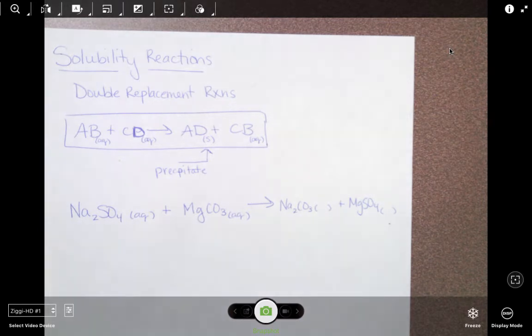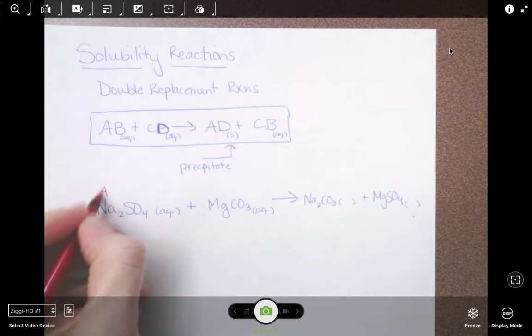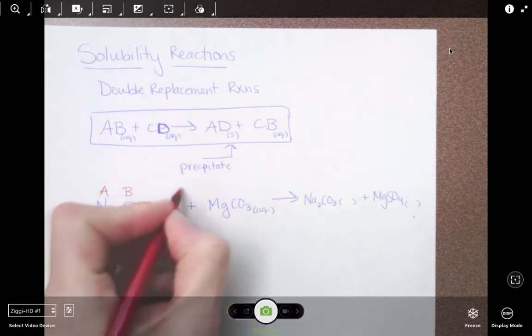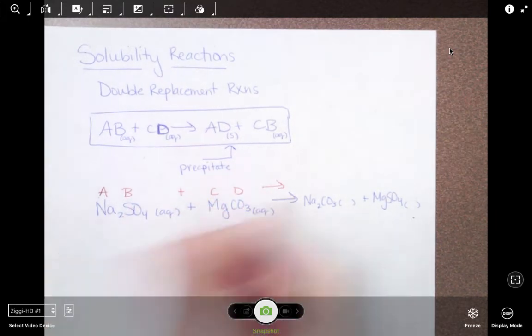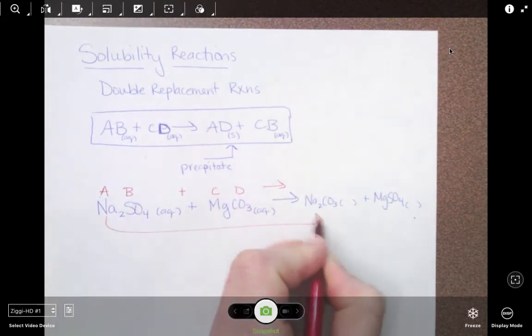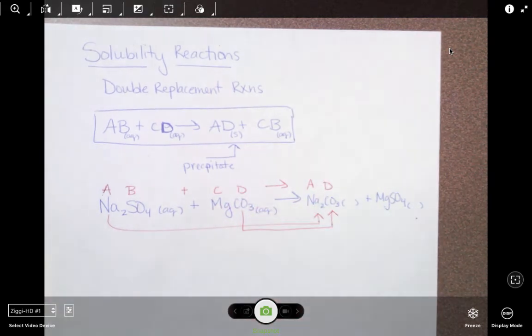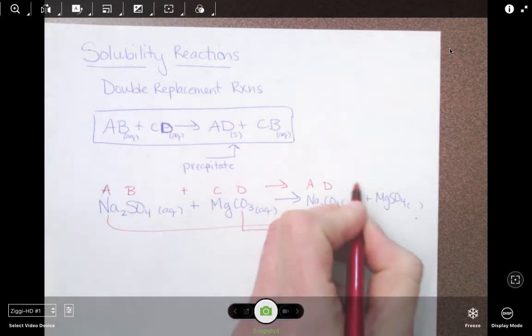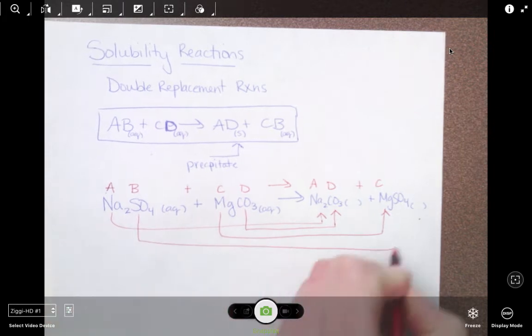All right. So in this example, you have AB plus CD produces AD plus CB.